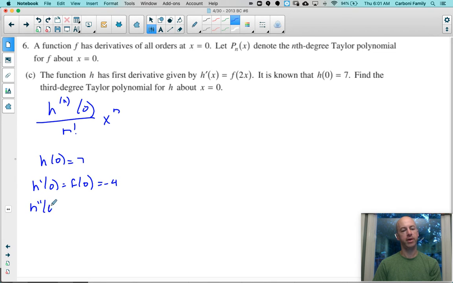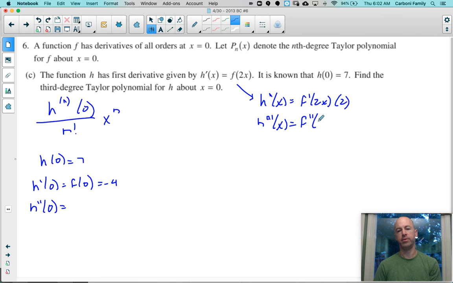H double prime of 0, we're going to need to work out two more derivatives here. So h double prime of x is going to be f prime of 2x times 2. H triple prime of x will be the derivative of that, which will be f double prime of 2x times 4. So h double prime of 0 is going to be 2 f prime of 0.